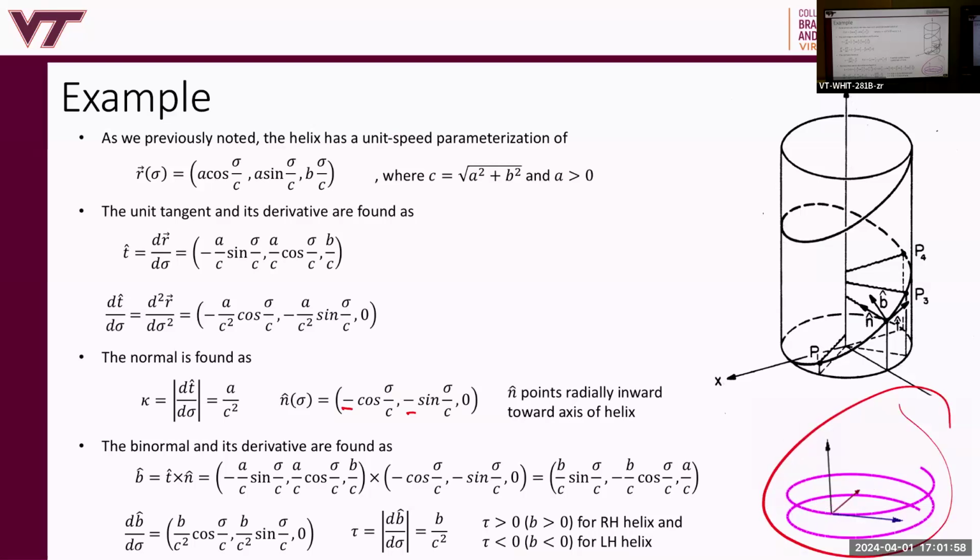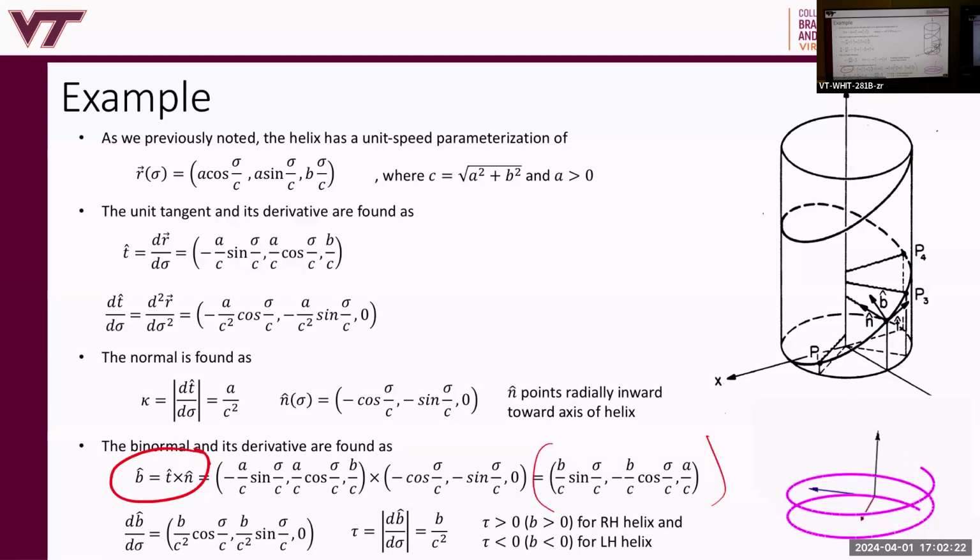The blue one is the tangent, the red one is kappa times n hat, or dT d sigma, the derivative of the tangent vector, the blue one, with respect to the parameter of the curve. Okay, the binormal: now that we have n and t, we just find b by doing the cross product. If you calculate the cross product, you get this expression, and that is this green arrow.